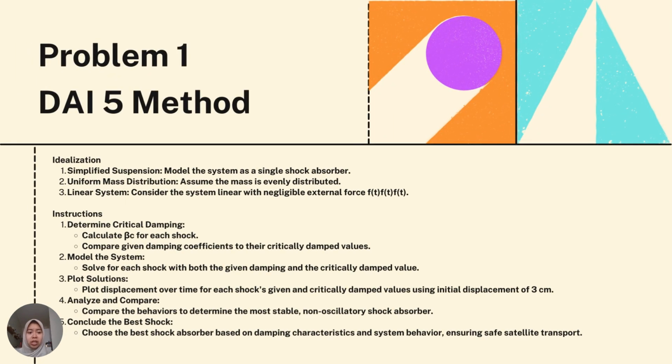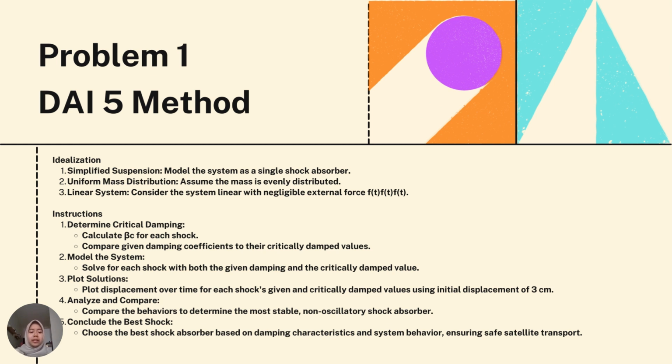The idealization is that we simplify the suspension, assume uniform mass distribution, and use a linear system, so we neglect the external force. For the instruction, we determine the critical damping by calculating beta C for a shock and compare the given damping coefficient to the critical damping values.